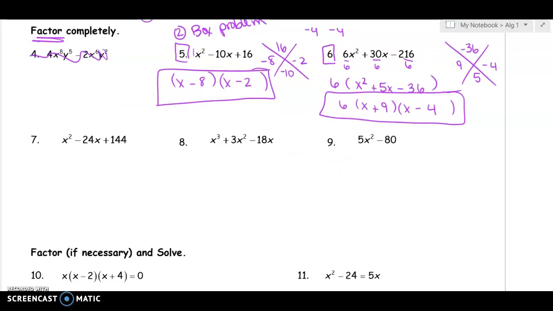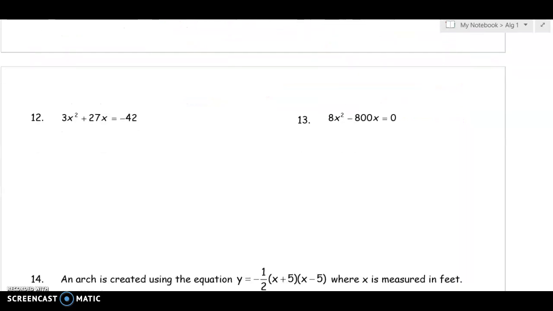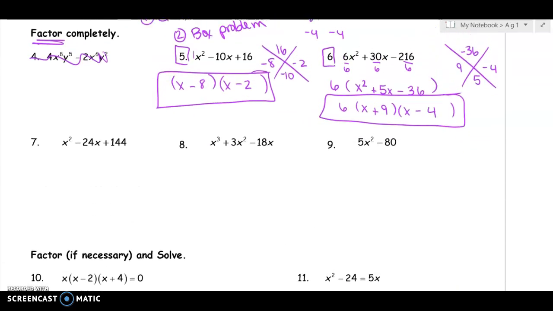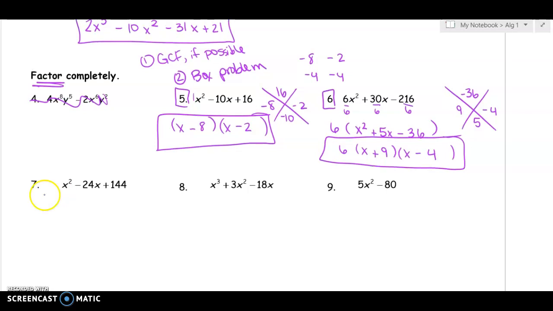All right, let's look at number 7, and then we'll do a couple solving, and then that's pretty much it. For number 7, you're going to be looking for GCF. The only number that goes into 124 and 144 is 1, so there's no number GCF, and they don't all have an x in common.